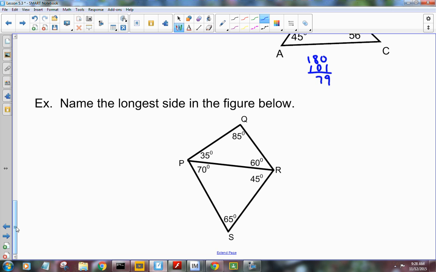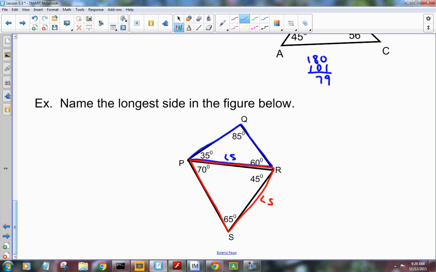Okay? And let's talk about that. If we look at this triangle right here, what's the longest side? PR, right? That's the longest side, correct? If I look at this triangle, what's the longest side? RS, right? PR is a part of this red triangle.